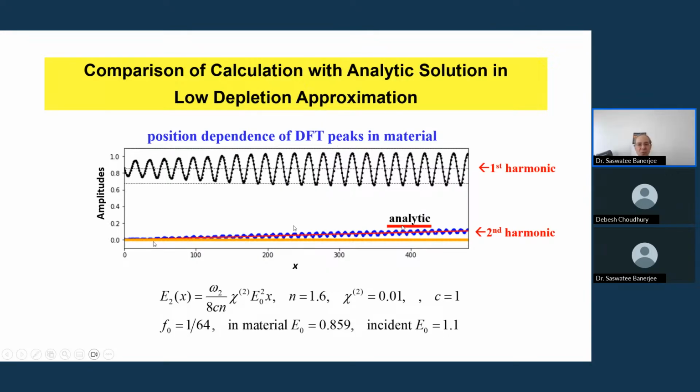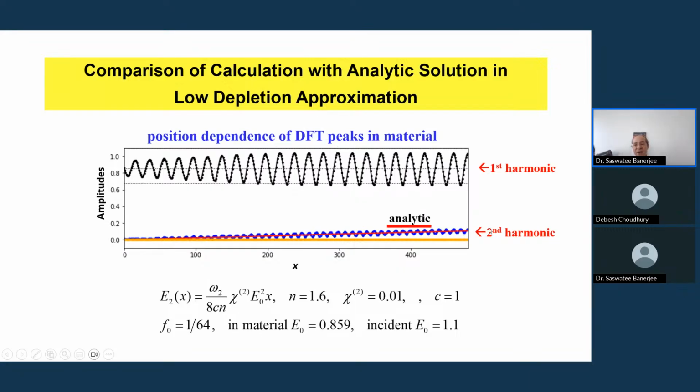This red line is the analytic solution of how the energy transfers from the fundamental wave into the second harmonic. So here's the first harmonic wave as we're going along, coming out. So we're just going into the material, we're coming out of the material, and now we're seeing this part. I'm looking at this part in the analysis, but I'm showing you the entire range.